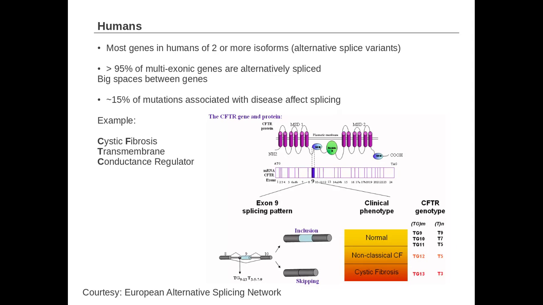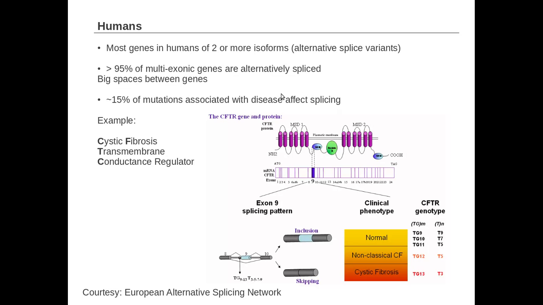So I thought I'd also introduce a classic example of alternative splicing in humans as it pertains to disease. So we've talked a little bit about cystic fibrosis in the class and the genetic basis for the disease.